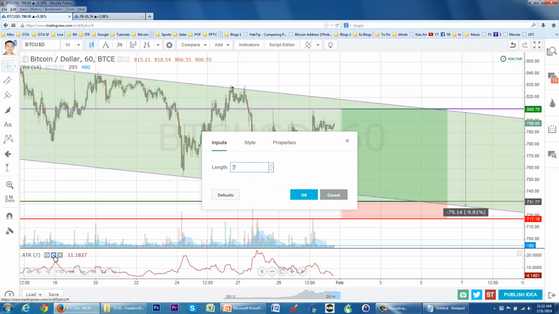All right, you click on this gear right here, and the length of this ATR is 7. Now, traditionally, before computers were invented and there was electronic trading, the old school method was to use a 14 period ATR or ADR, either one. 14-day, 14 period was the standard.